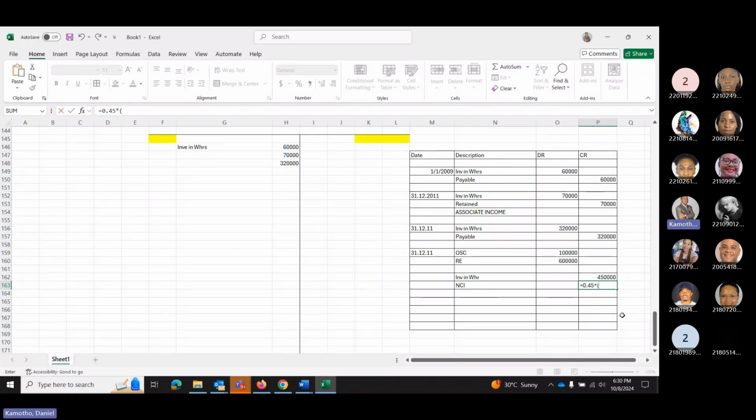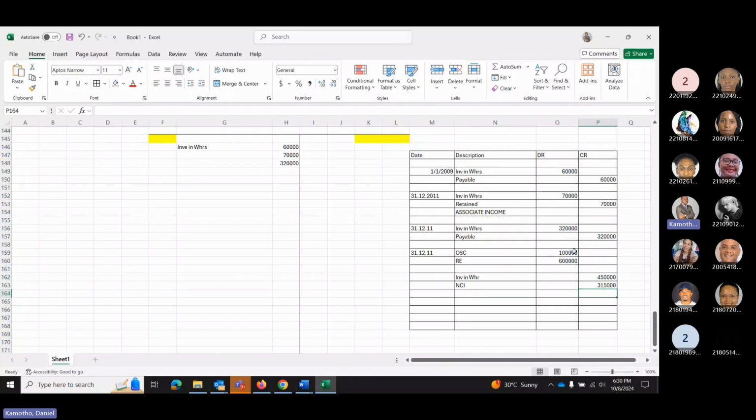The net asset is made up of 100,000, which is the ordinary share capital, plus the 600,000, which is the retained earning. So that becomes our non-controlling interest at initial recognition. And any difference, if it is positive, we take it to goodwill. If it's negative, we take it to the retained earnings.